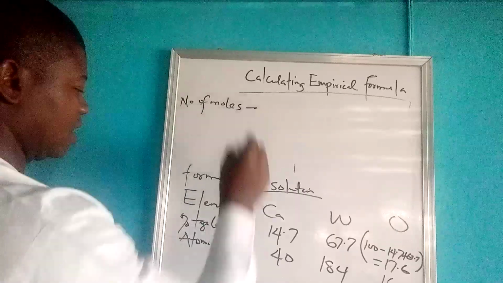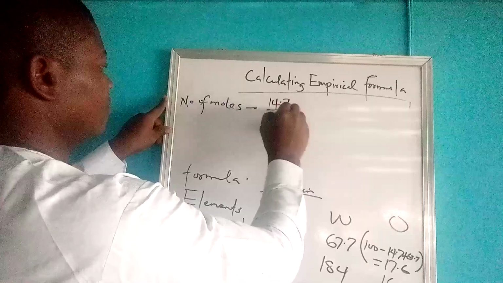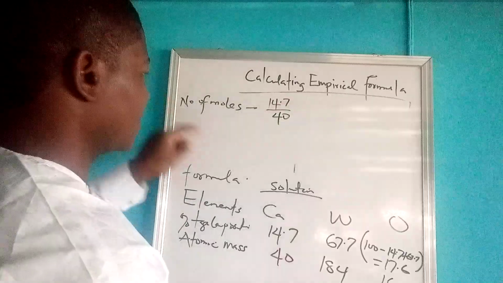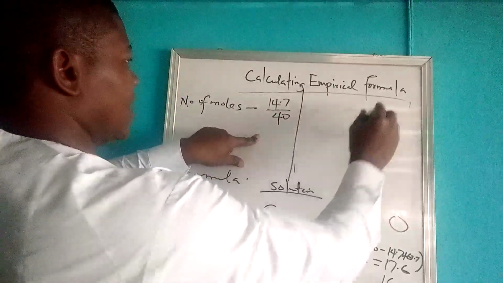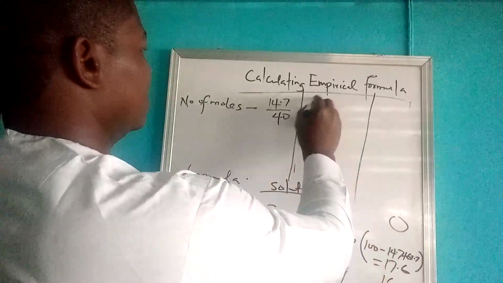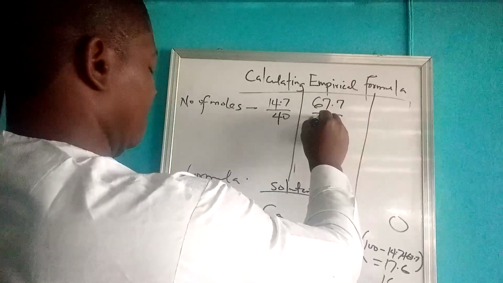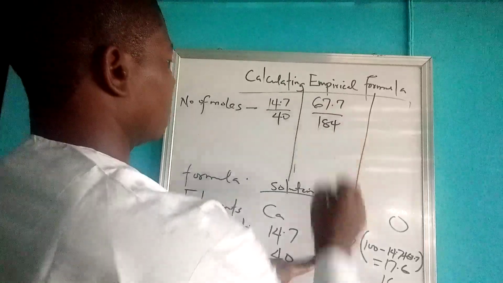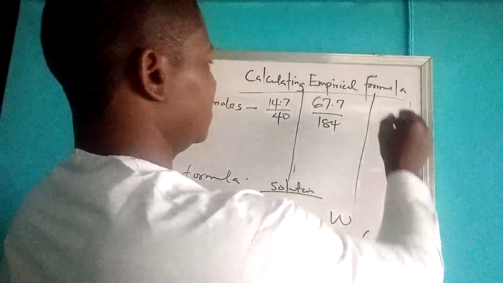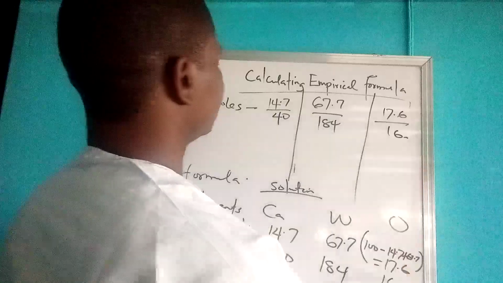The number of moles now is going to be 14.7 over 40 for calcium, then for tungsten, 67.7 over 184, and for oxygen, 17.6 over 16.